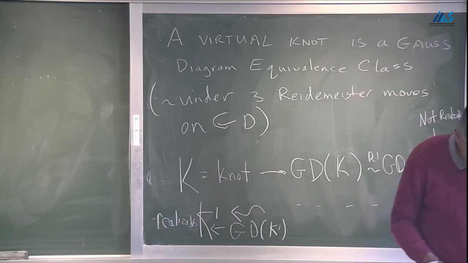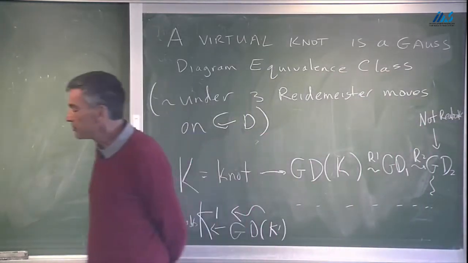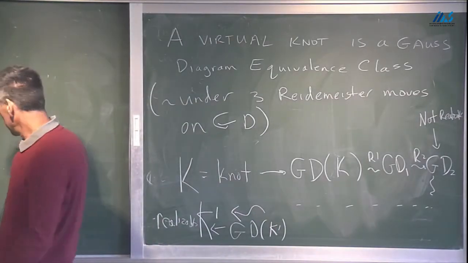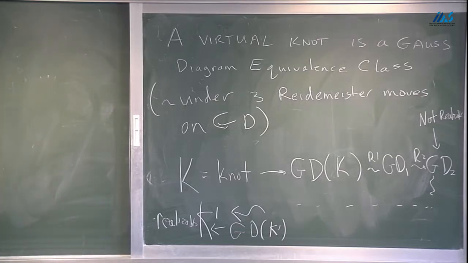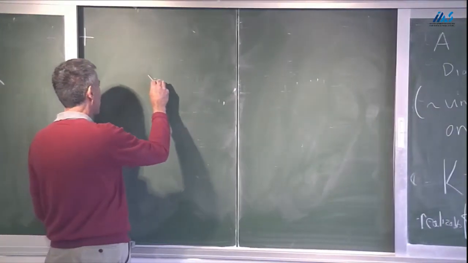Well, these virtual knots have been extensively studied now. They've now generated all kinds of algebraic objects of their own. I don't want to say too much more about them. There is a theory, your question about why you want to look at diagrams.